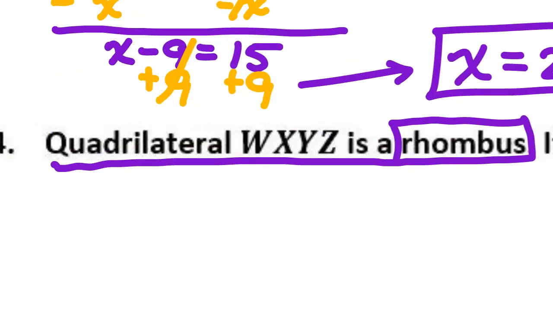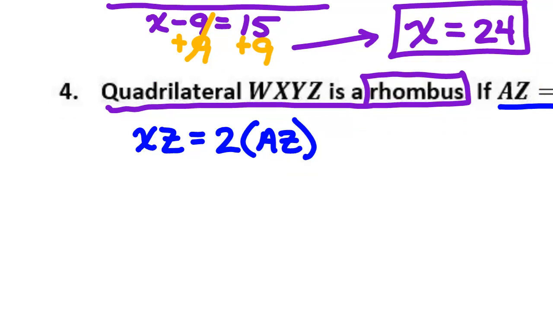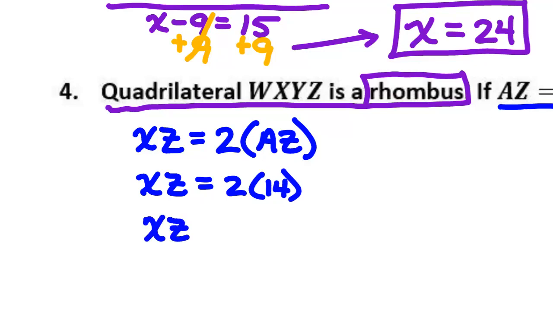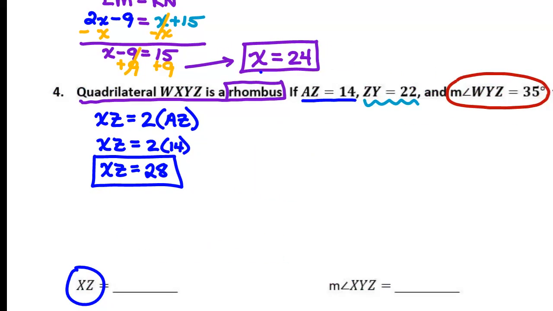XZ is equal to 2 times AZ, because AZ is half of that diagonal, and the diagonal is being bisected. So XZ is 2 times 14. So how big is XZ? 28. All right, that's one thing they asked me for.